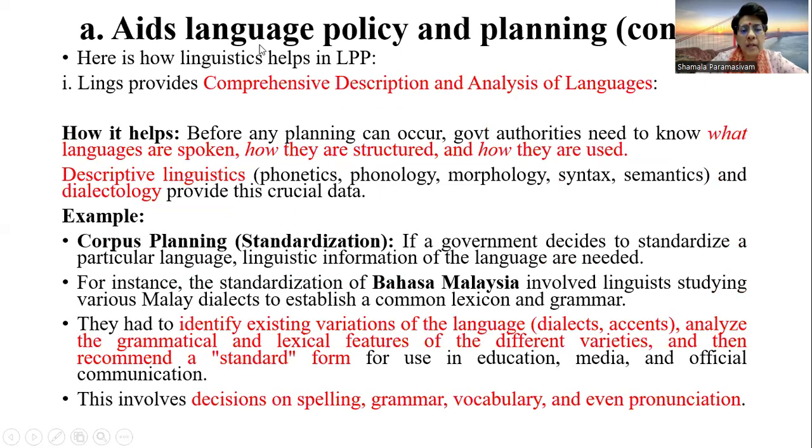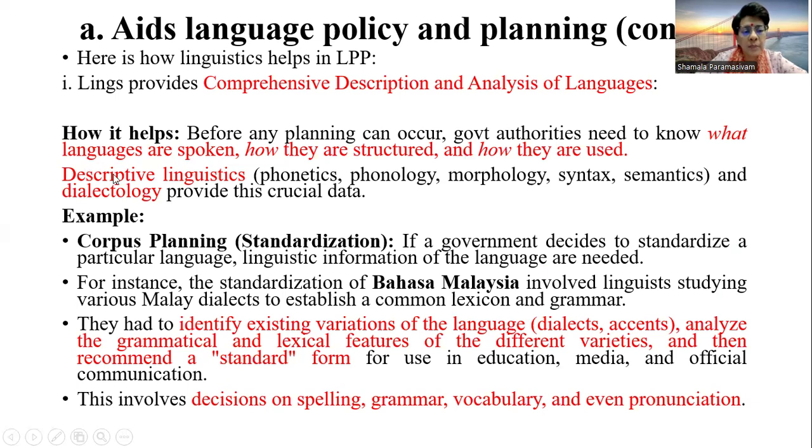Here is how linguistics helps in LPP. You see, in deciding a standard within a region, when you want to implement, with regard to planning and policy, you want to decide on a standard language. First of all, you need to have a comprehensive description and analysis of languages within the region, and linguistics can provide that input. Before any planning can occur, government authorities need to know what languages are spoken, how these languages are structured, and how they are used.